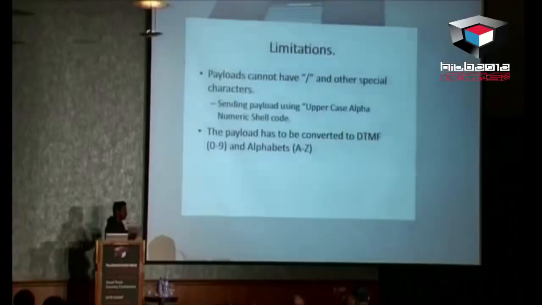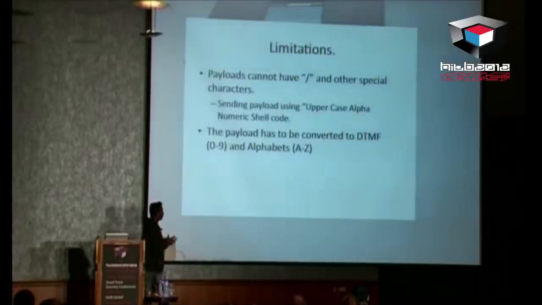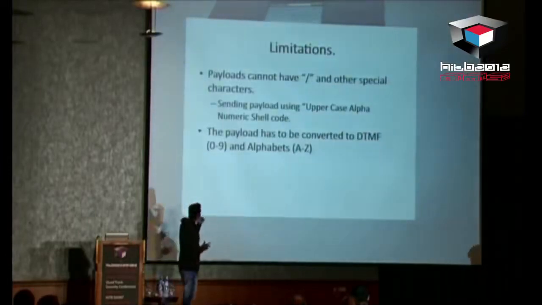So this clearly says that the internal stack was crashed using the payload which we sent. The limitation on sending real payloads: right now we are able to crash the stack, but the problem with sending actual shellcodes to the server is that payloads cannot have a slash key.